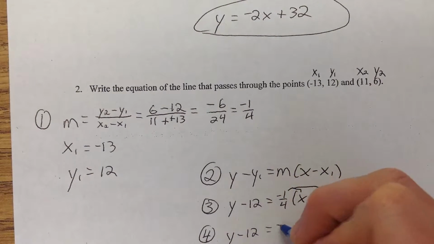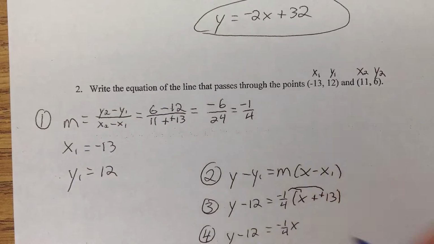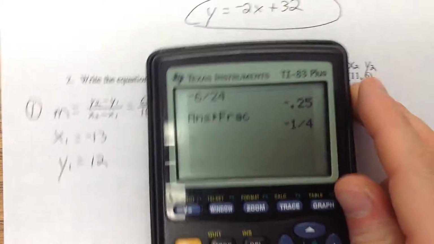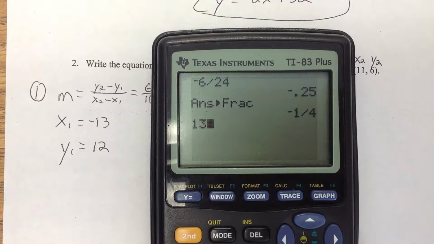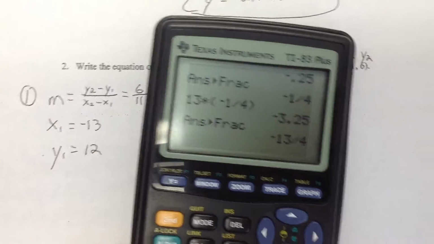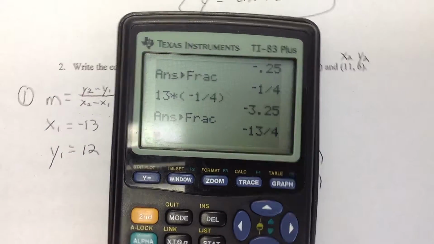Y minus 12 equals negative 1/4 x, and then let's do 13 times negative 1/4. So 13 times negative 1/4 is negative 3.25, or if you want to turn that back to a fraction, we can write it as just negative 13/4.